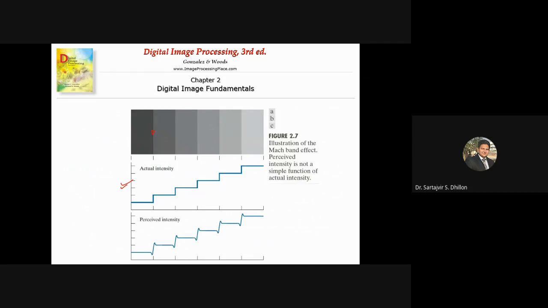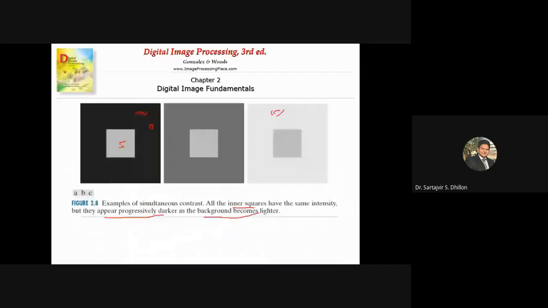In this figure we learned how the background affects the inner portion of the image. There is a first figure, a second figure, and a third figure. In all the figures, the center portion is gray in color, and it is the same for all three figures.